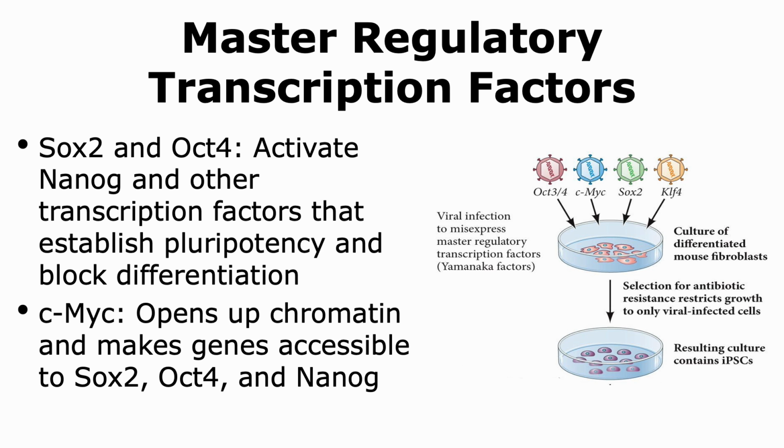Another master transcription factor is c-MYC. c-MYC is known to open up the chromatin and make genes accessible to transcription factors like SOX2, OCT4, and NANOG. Finally, KLF4 is known to prevent cell death. Thus, these 4 master regulator transcription factors can induce pluripotency in differentiated adult cells.